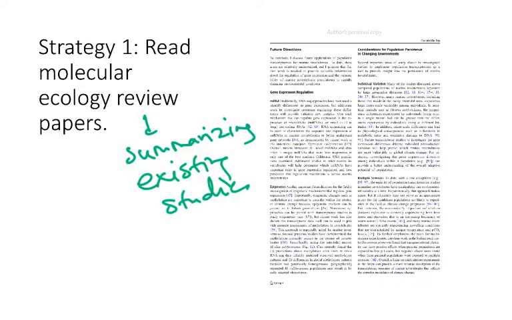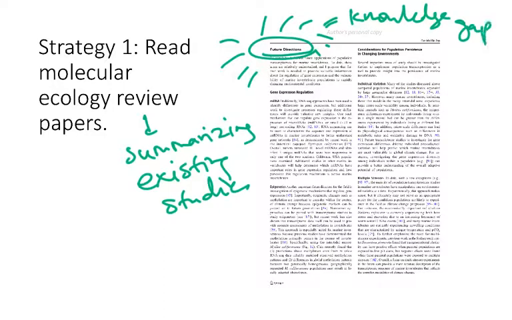And the really nice thing about review papers is they often have a future direction section. And this is exactly what you're looking for, because what it will tell you in these future direction sections is, in this given field, what still needs to be done. And basically, a future direction is a knowledge gap.